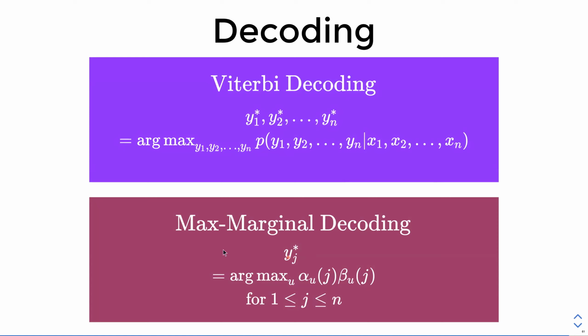What does this mean? That means, to perform the max marginal decoding, all you need to do is run the forward-backward algorithm first. After that, you will know the values of the alphas and betas. Then you can take the alpha and beta values and decide which u is the optimal u that should be assigned at the j-th position, the optimal Y_j star.